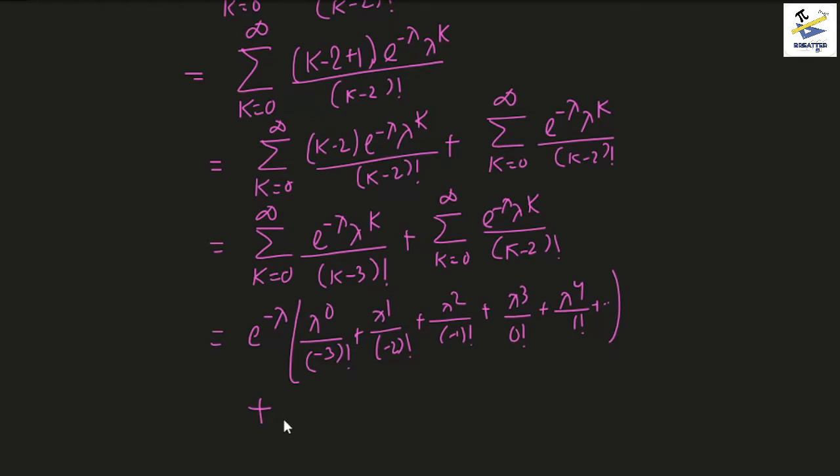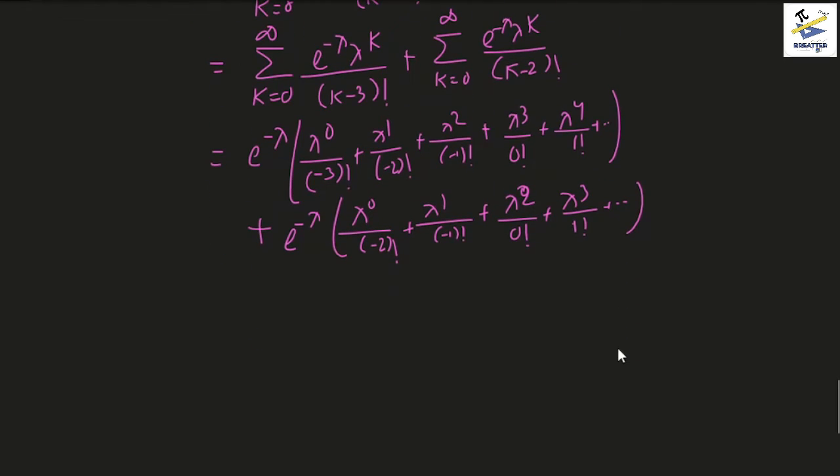And for the second series, plus e to the power minus lambda, we have lambda to the power 0 by minus 2 factorial, lambda to the power 1 by minus 1 factorial plus lambda to the power 2 by 0 factorial plus lambda cube by 1 factorial, and so on.